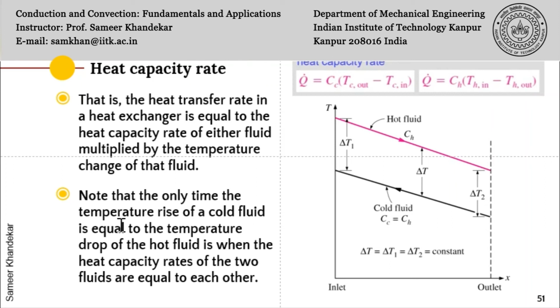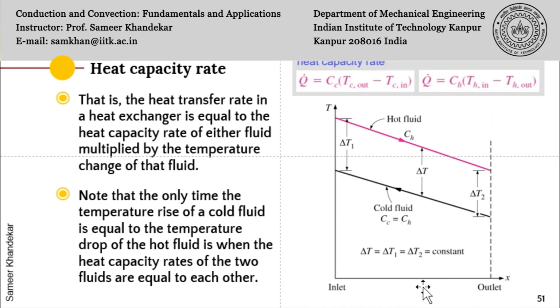The only time the temperature rise of a cold fluid is equal to the temperature drop of the hot fluid is when the heat capacity rates of the two fluids are equal to each other. Otherwise, in all other conditions, and this is true for any type of heat exchanger, they differ. Mind you, the capital Cc can become equal to capital Ch by the combination of mass flow rate and specific heat.